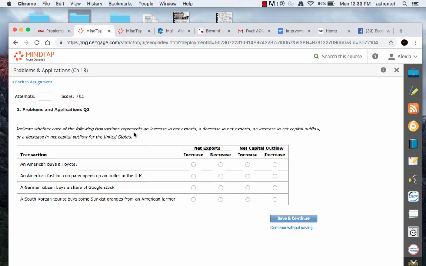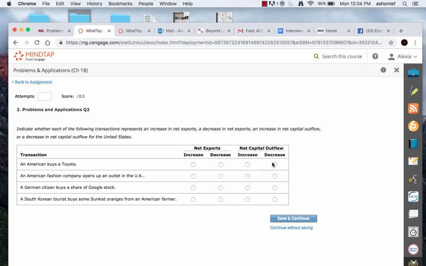Okay, this is kind of going along the same way as the first question. So let's quickly do this. It's adding on one little detail, and that's regarding net capital outflow. So we have net exports, which is from the previous question, exports minus imports, and then we have what's called net capital outflow.